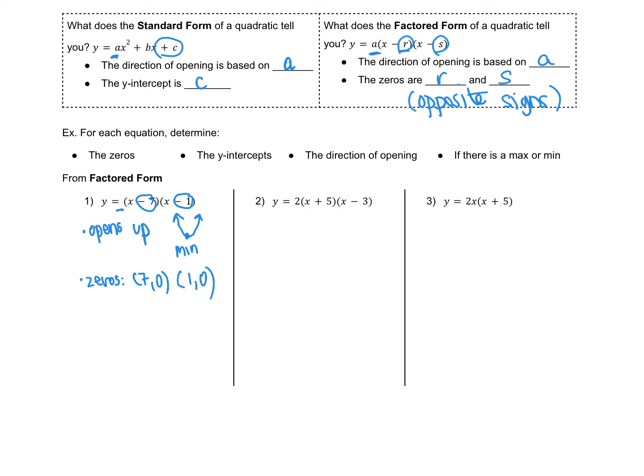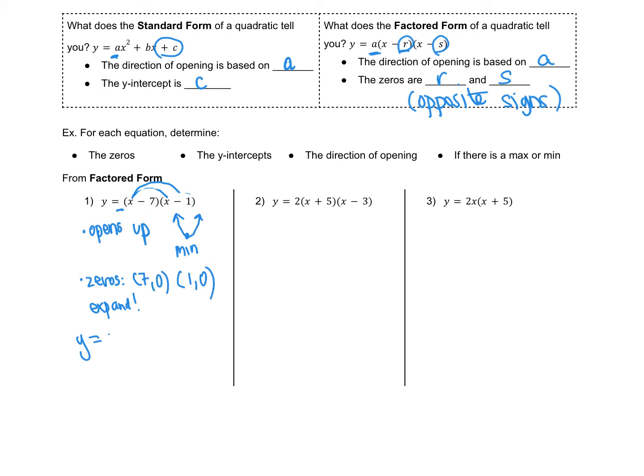Now for the y-intercept, we do need this to get into standard form, which means we have to expand and do some FOIL. Because we have two binomials, or two brackets with two terms in each, we're going to do our FOIL. I'm going to take the x and multiply it into that second bracket.